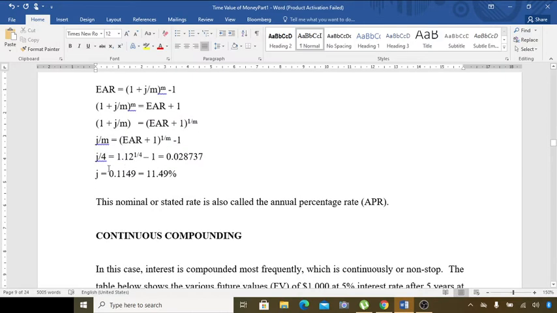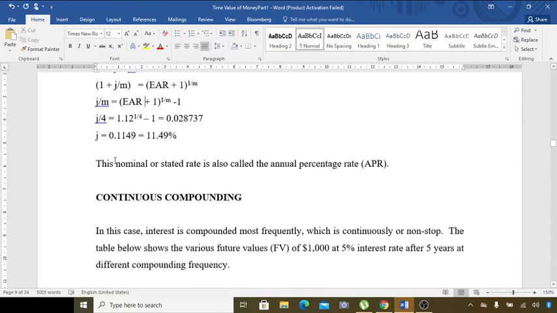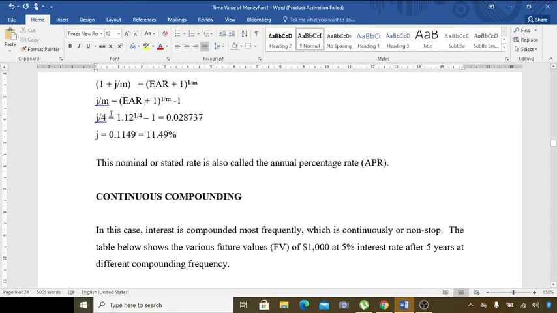So in this case, j divided by m equals (EAR plus 1) to the power of 1 over m, minus 1. Remember m is quarterly compounding, so m is 4, so you can easily solve for j.